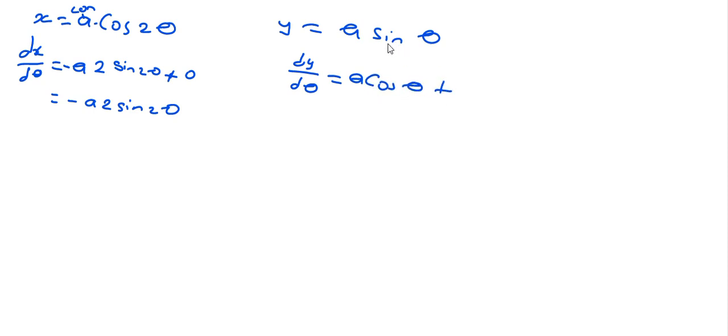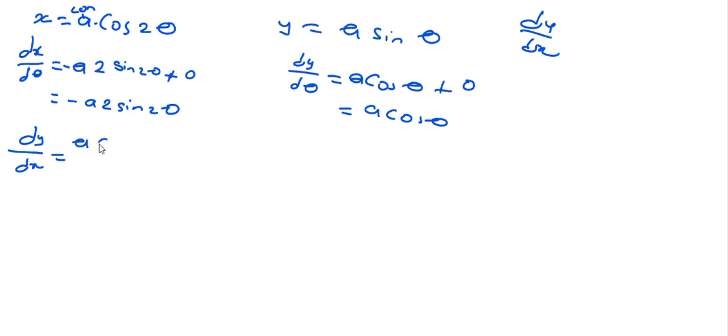Remember, when the derivative is going to be 0, which is still the same as a cos theta. And then let's apply our rule. Remember, dy over dx. So we're going to say our dy over dx is going to be a cos theta divided by negative 2a sine 2 theta.